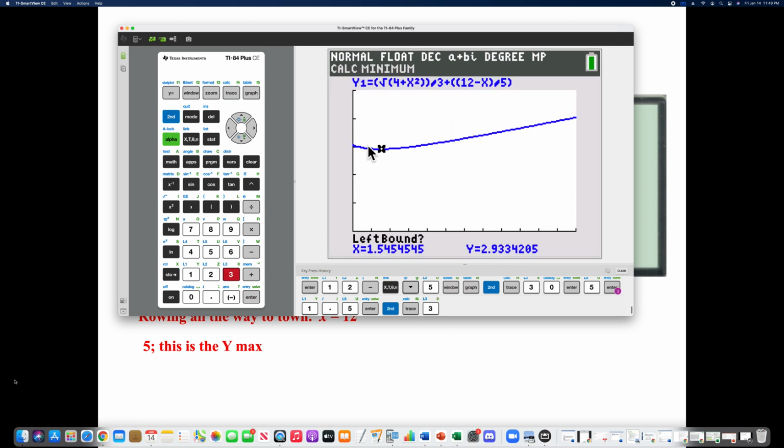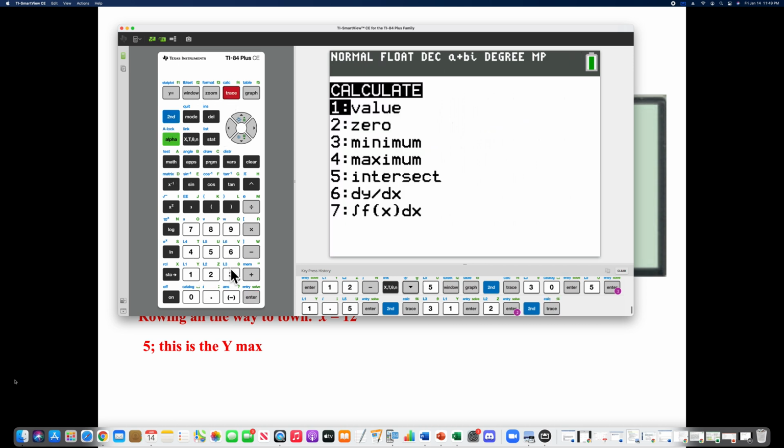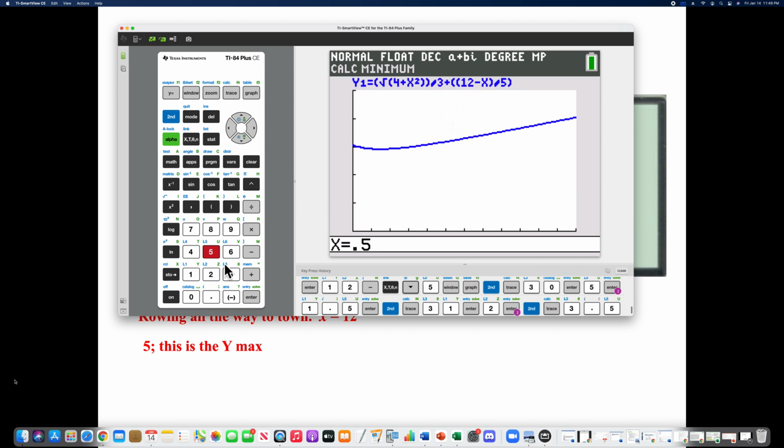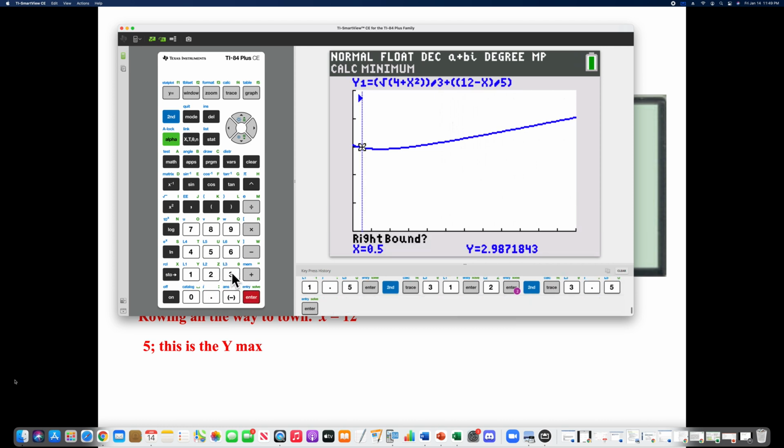This time I'm going to go from, let's say 1 to, let's say, 2. Oh, a different value. Now it's an 11 there. Let's try second trace number 3. Let's go 0.5 and a 3. 1.499997. So it's a rounding error.